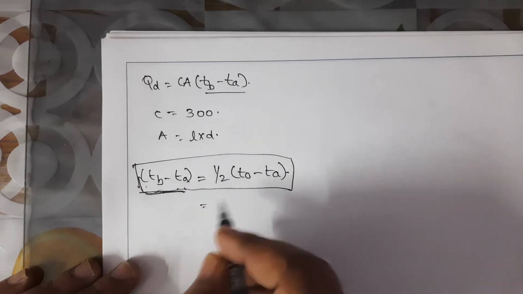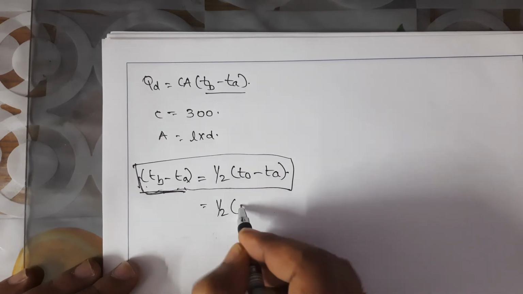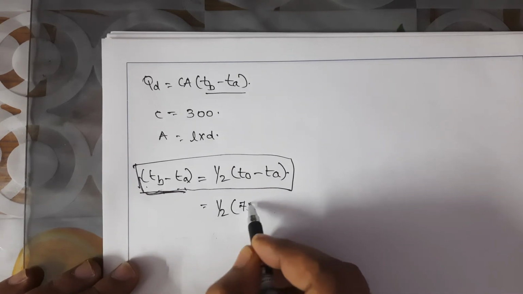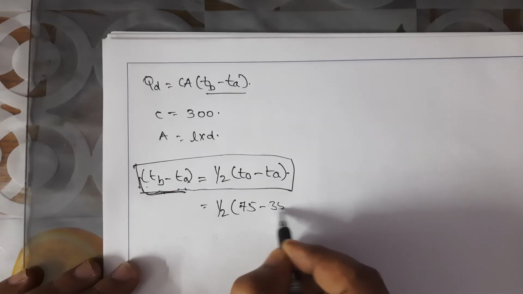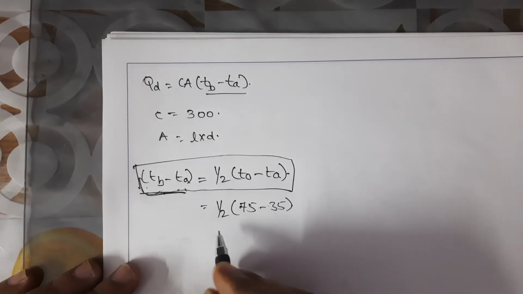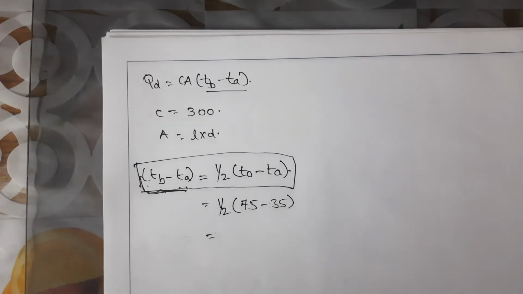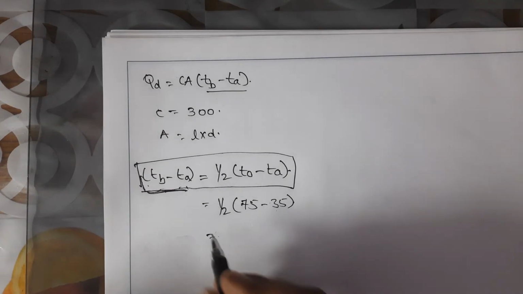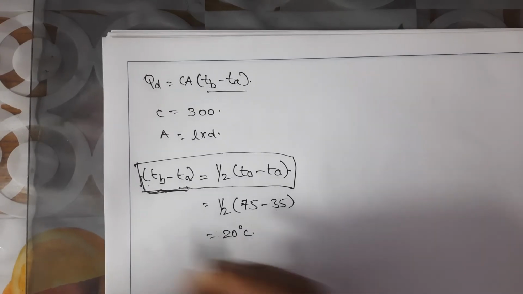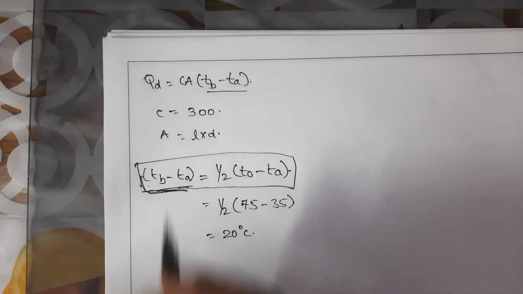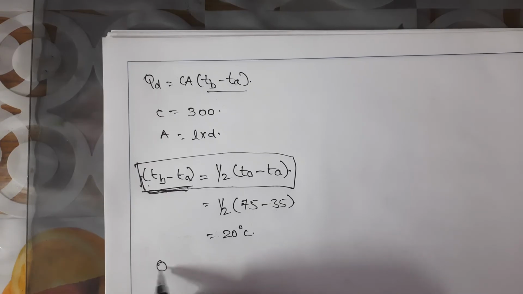Half of TO is given as 75 degrees and TA, the atmospheric temperature, is given as 35. So we will be getting an answer of 20 degrees centigrade, TB minus TA.